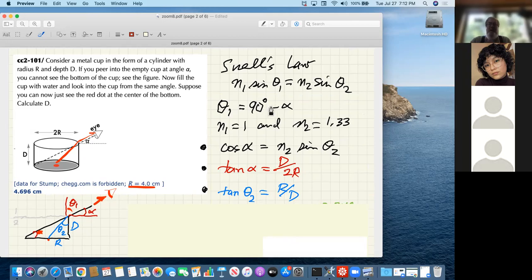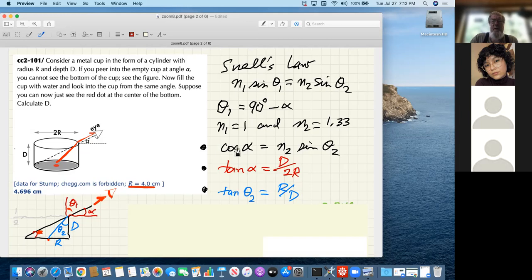So the sine of 90 minus alpha, that's the same as the cosine of alpha, is equal to N2 sine theta 2. And we know N2. And then, again, by looking at this triangle, the opposite to alpha is D, the adjacent is 2R. So the tangent of alpha is D over 2R.